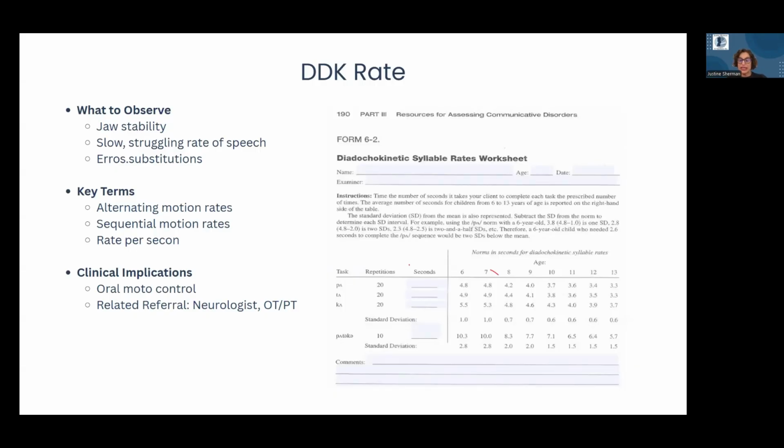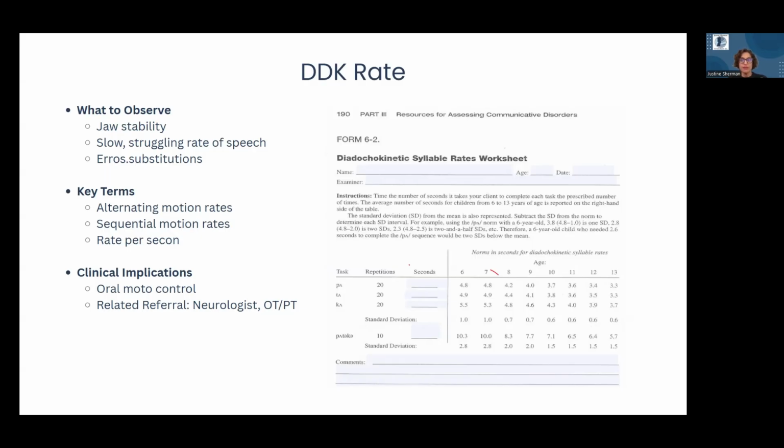You're observing speed and functional limits, accuracy and distortion, rhythm and steadiness, and consistency over time. So is there any fatigue? Clinical insights will be if it's slow, irregular, or degrading AMRs, and that could indicate weakness in coordination or neuromuscular inefficiency.